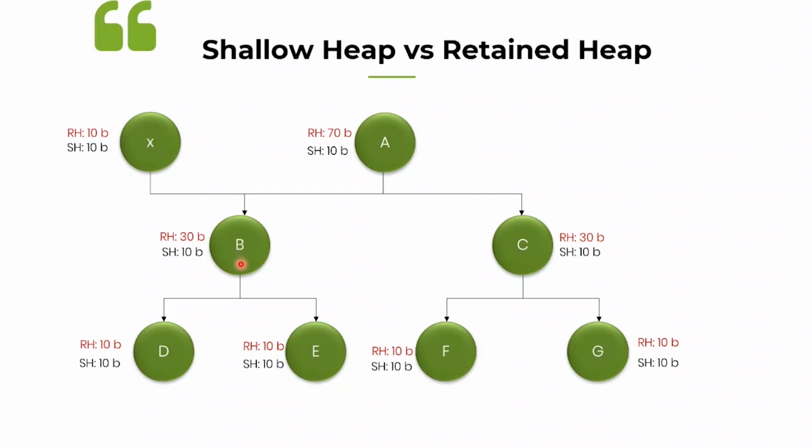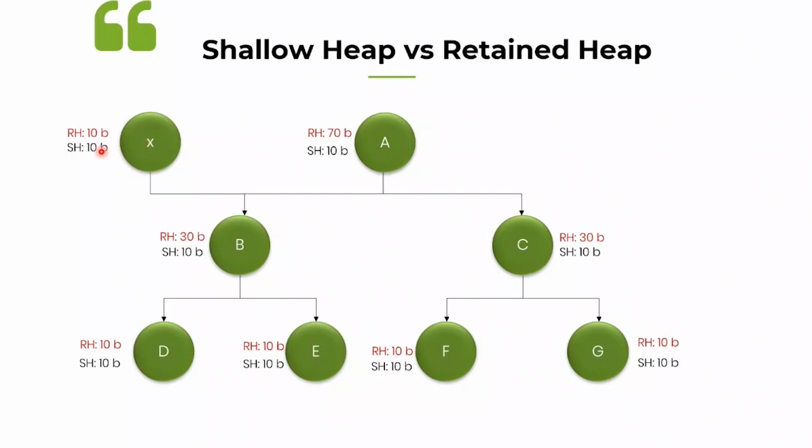No, B cannot be removed from memory because A is still referencing B. If X gets garbage collected, only X goes away. B cannot be garbage collected because A is still referencing B. So the retained heap size of X is only 10 bytes.